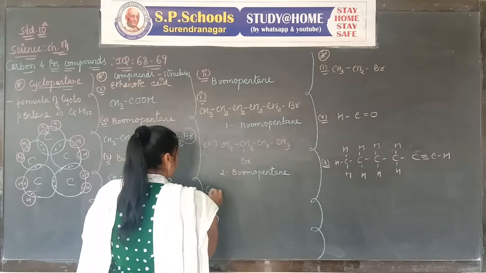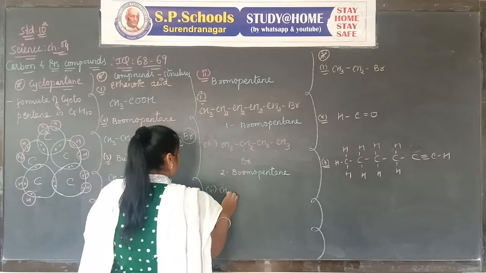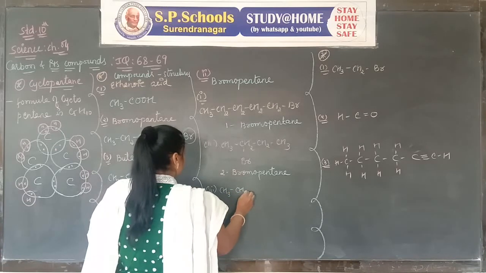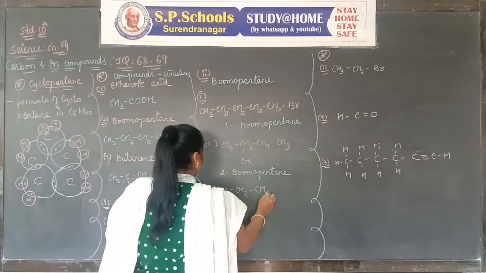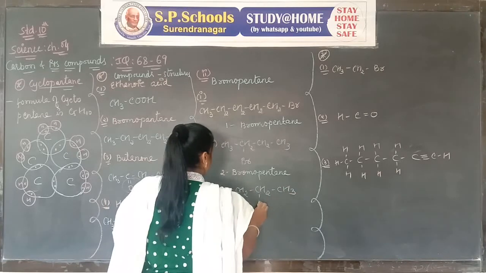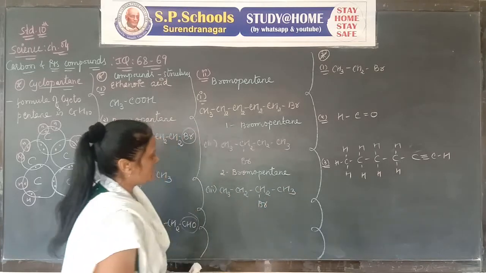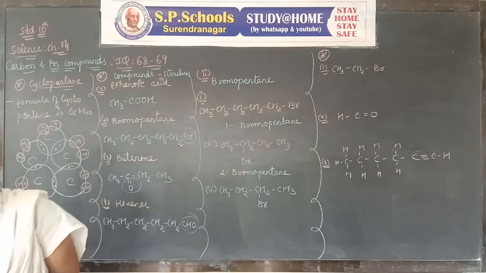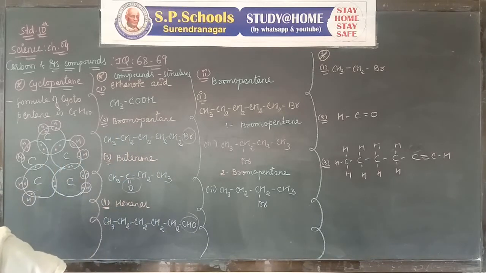In case of the third, CH3, CH2, CH2, CH3, 1, 2, 3, Br will be added, so it will be known as 3-bromopentane.